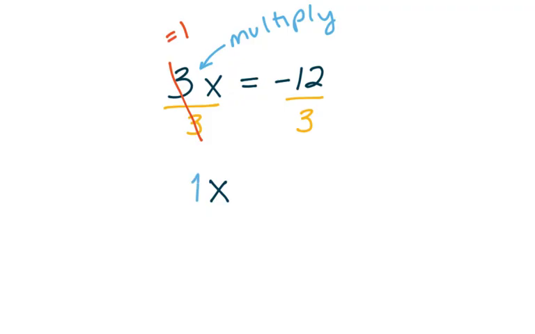Remember that means 1x, but we don't have to write the 1. My answer to negative 12 divided by 3 is going to be negative 4. So my answer is x equals negative 4.